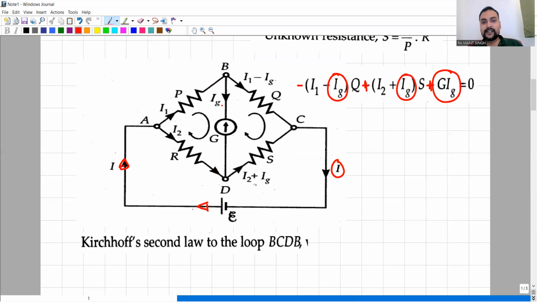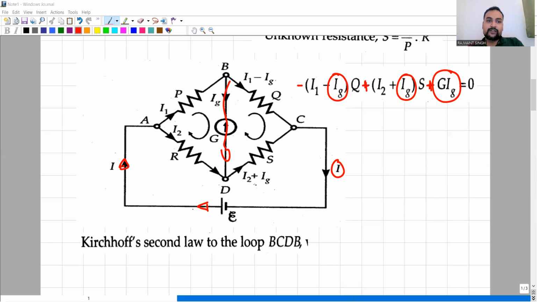Now if the potential is the same, no current is going to flow, and whatever you keep here, let's say a resistance, this resistance will not be active in the circuit. If you keep a capacitance here, again that will not be active in the circuit, because the potentials of these two points being the same means no charge will flow, no current will flow, and whatever you keep in between will not be active in the circuit. So that is your balanced Wheatstone condition.